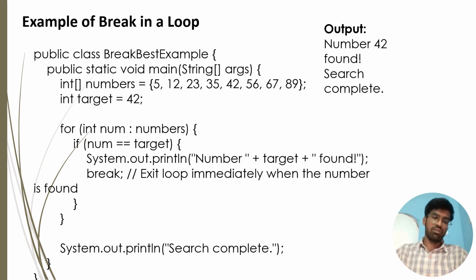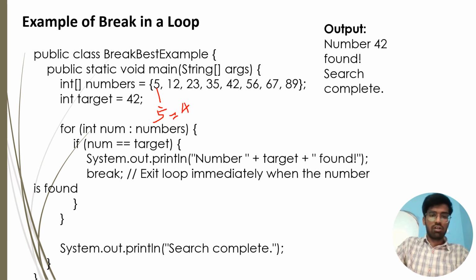Our first element is 5, which is compared to the target element 42. It is not equal.